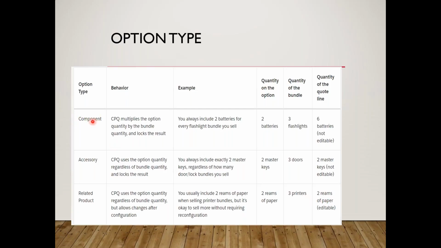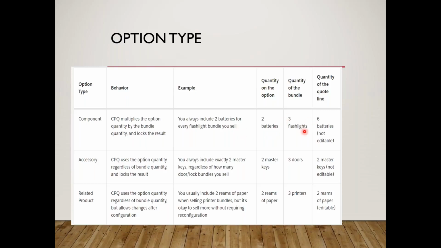Why do we need component? Sometimes, if you are purchasing two actual products, then there can be a combination of option quantity with the bundle quantity, right? Take the example of this: you always include two batteries for every flashlight bundle you sell. So if you are selling one flashlight bundle, every time you should take two batteries with that.